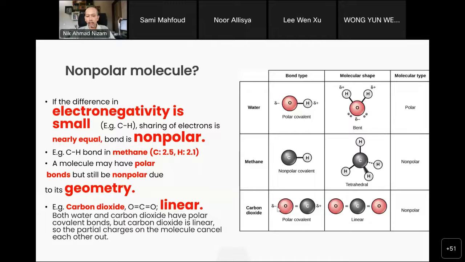Okay, delta negative is equal to delta positive, delta positive for carbon. So it's non-polar. So these are non-polar molecules, methane and also carbon dioxide.